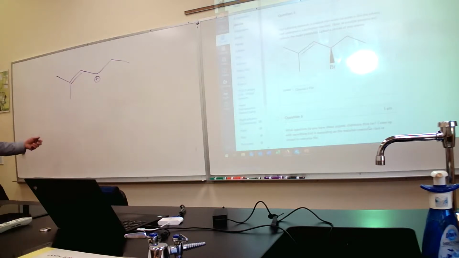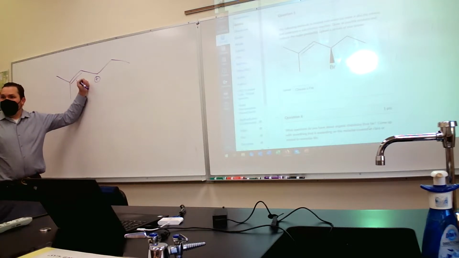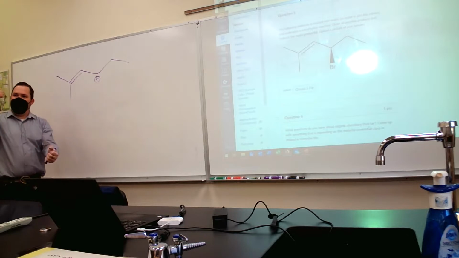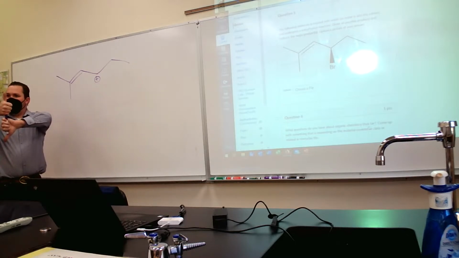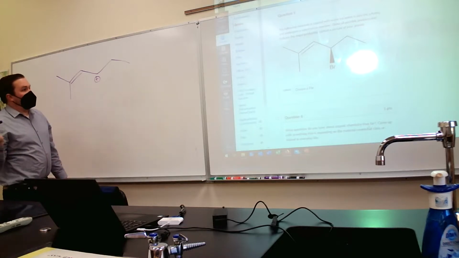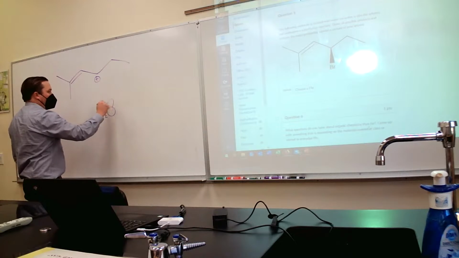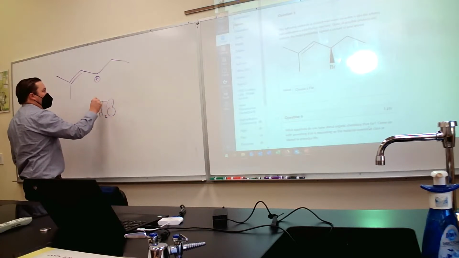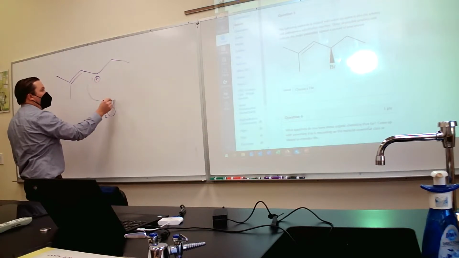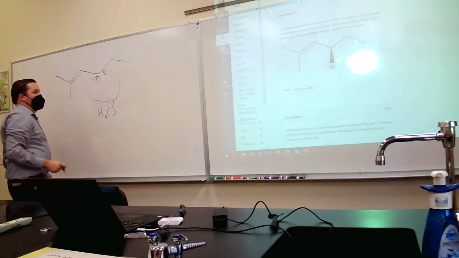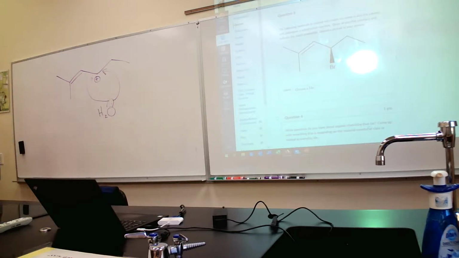So you get sp2 hybridization, which means it's going to be trigonal planar. This charge basically goes equal amounts up and down from the carbon. So our oxygen can come in and attach either from behind the board or in front of the board to get 2 different stereoisomers.